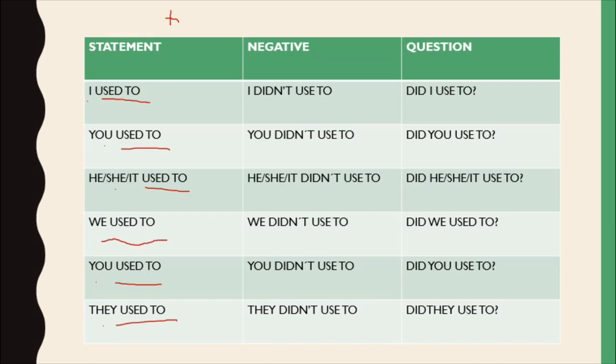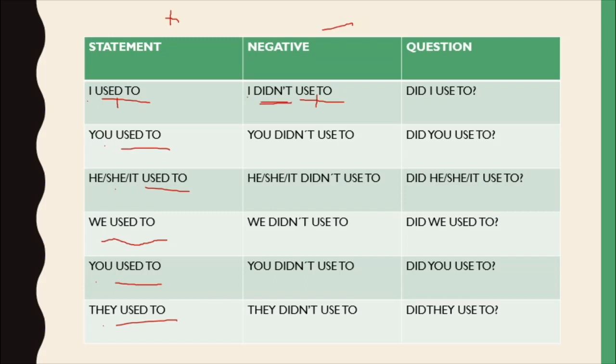So now as a negative sentences. So, I didn't used to. Can you see that I am not using the did here? Why? Because I already deny here with didn't.